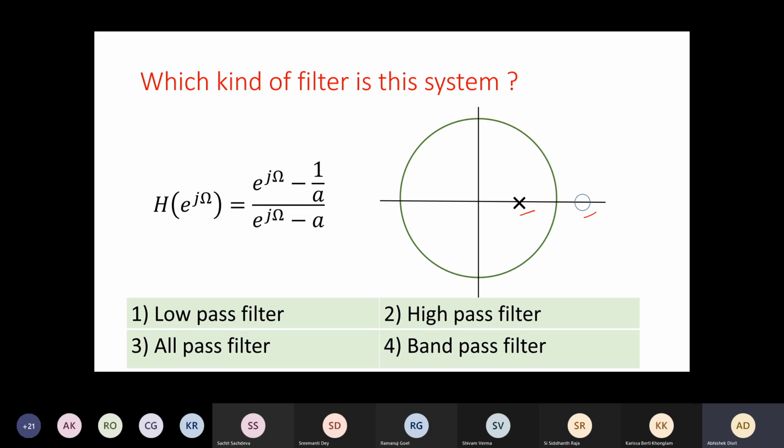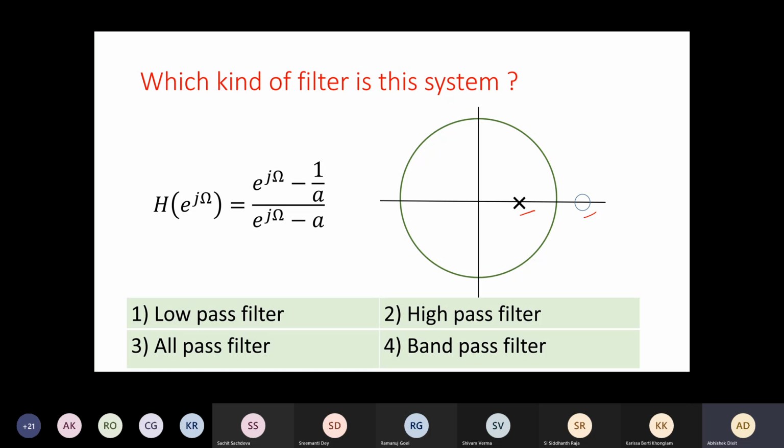I will simply use some maths to find the filter response without using geometrical interpretation, but I request every one of you to also use geometrical interpretation for this question. The answer I have told you is an all pass filter.